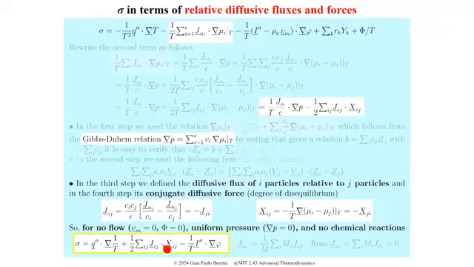So the 1/2 will go away, and so for example, if you have just one pair, you will have J12 plus J21, and this sum will end up being just one term, J12 times X12.